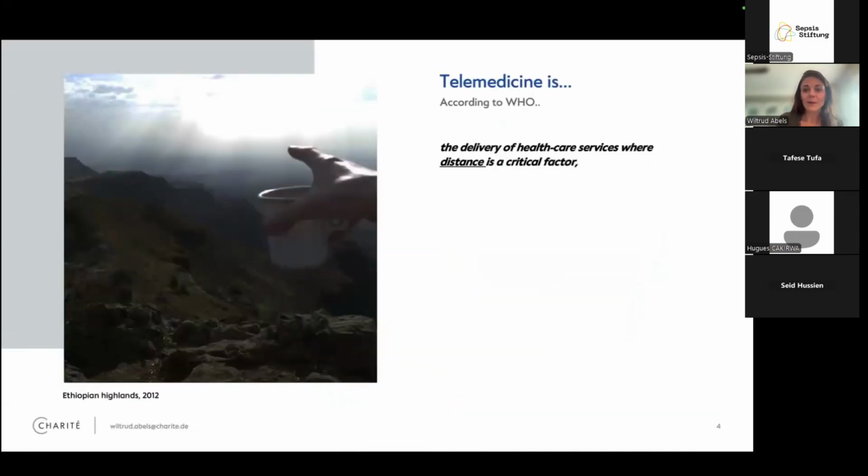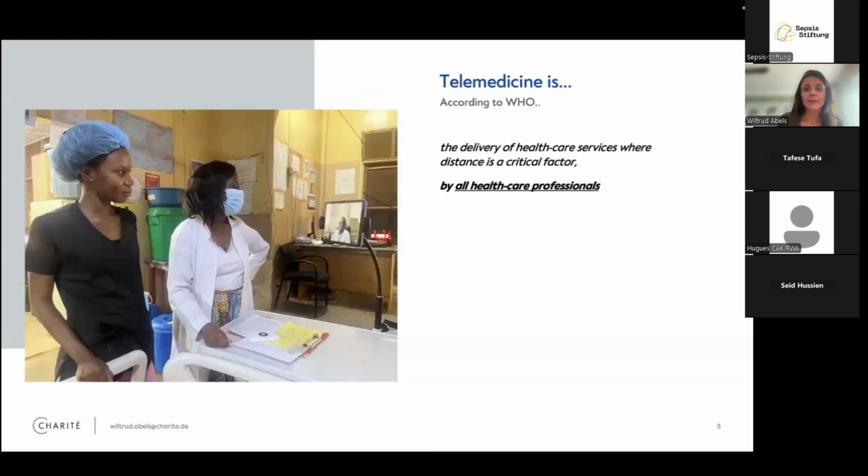So what is telemedicine? There is actually a definition provided to us by the World Health Organization. Telemedicine is the delivery of healthcare services wherever distance is a critical factor. Telemedicine is provided and meant for patients, but also healthcare professionals.